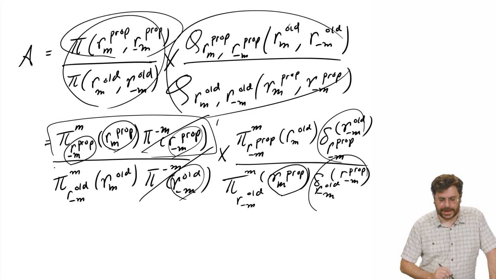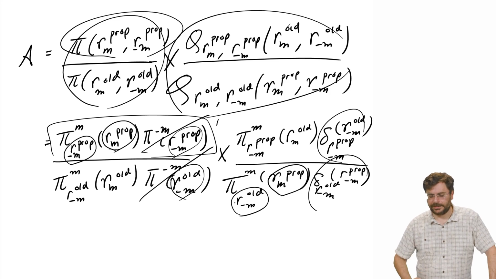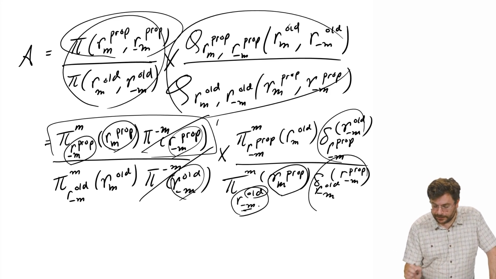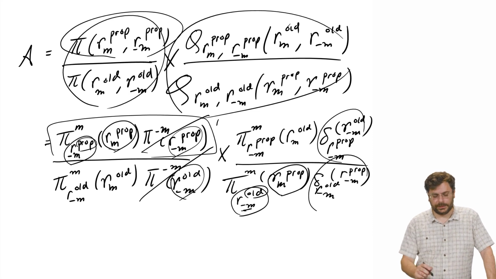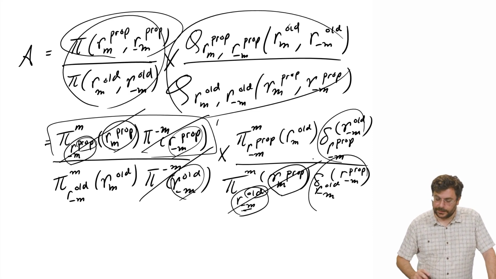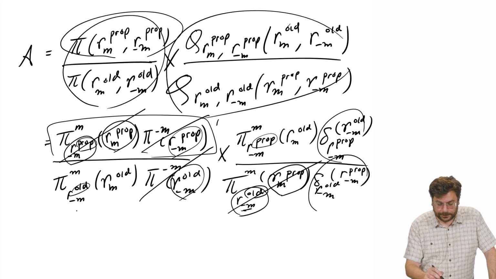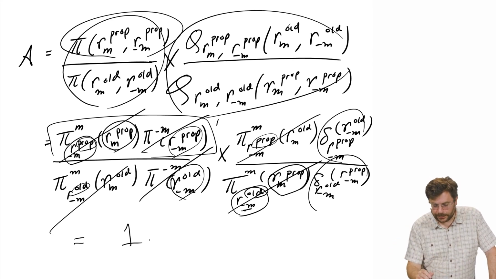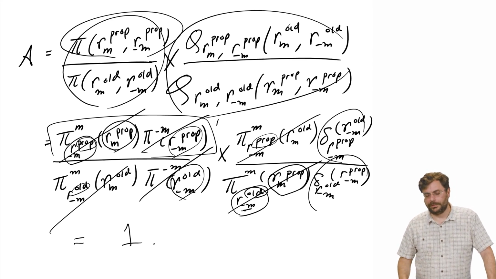Here I have R_-m proposed minus R_-m old. But remember, old for the minus m variable is the same as proposed. So this cancels out with that. And of course, by exactly the same argument, this cancels out with that. So we end up with an acceptance ratio of 1.